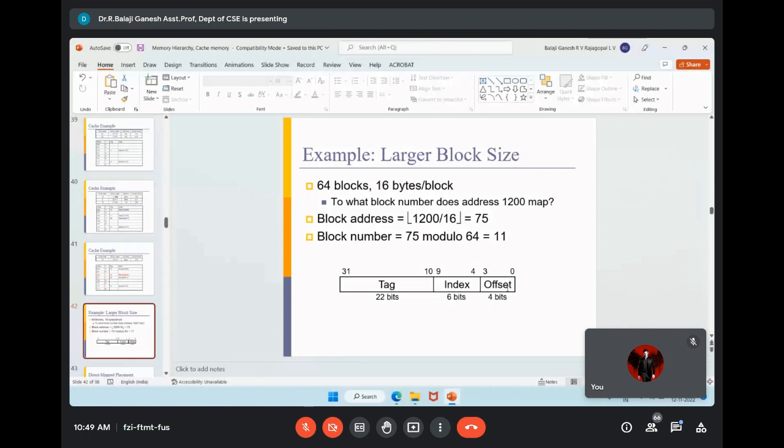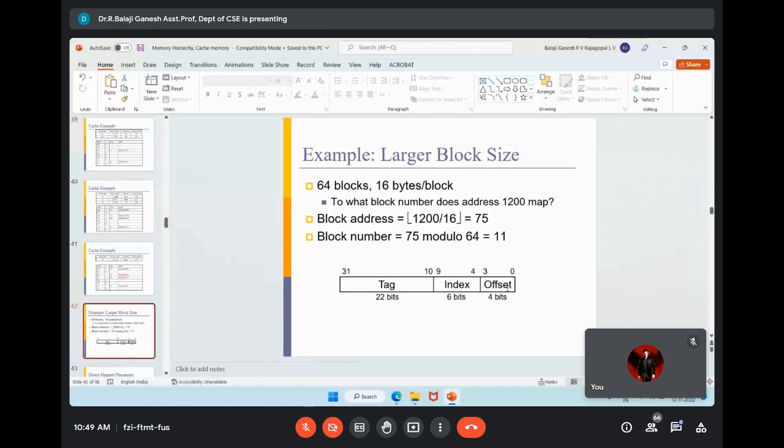Right. 16 is equal to 2 power 4. You should be very clear with this. So one block can have 16 bytes. To identify a particular byte within the block, we need this offset. So offset is used to identify a particular byte within the block, right?